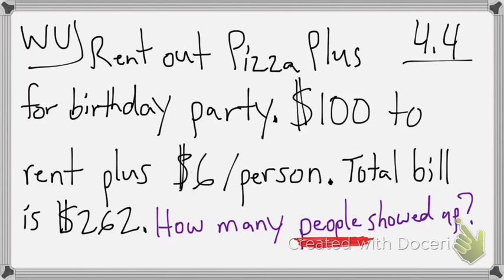Now, the part of the word problem that deals with people is the $6 each. It's $6 for each person, so that's going to be 6x.